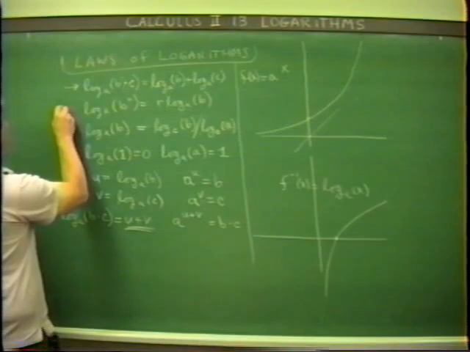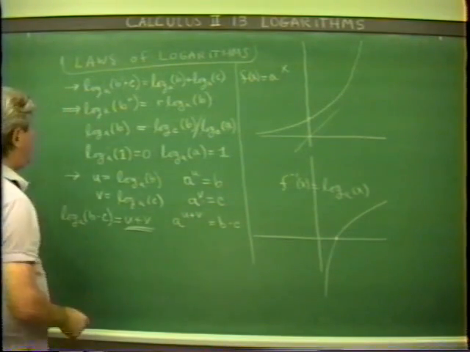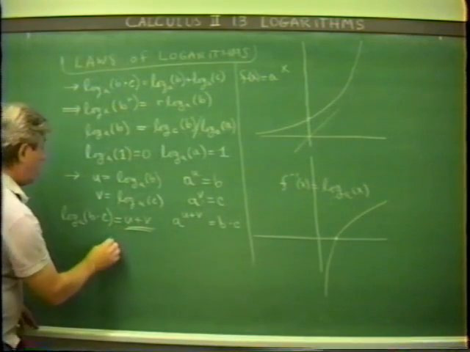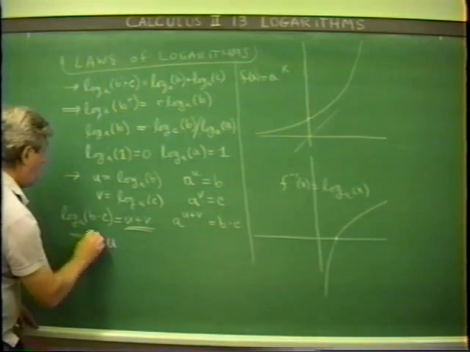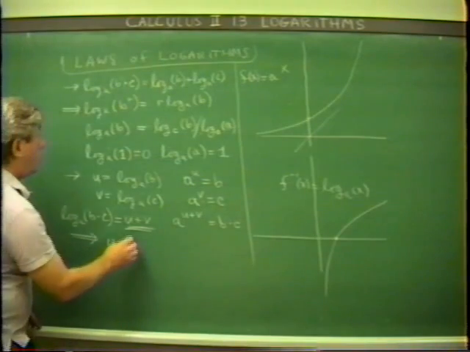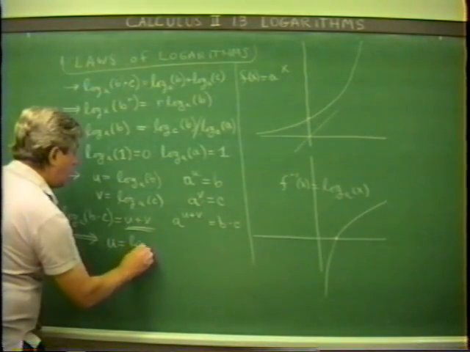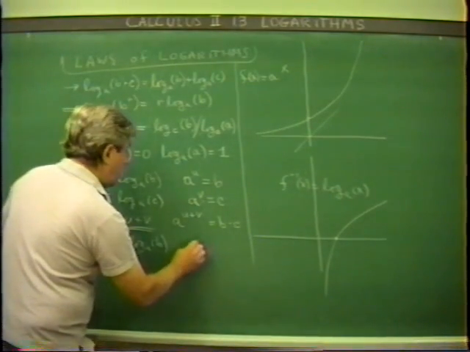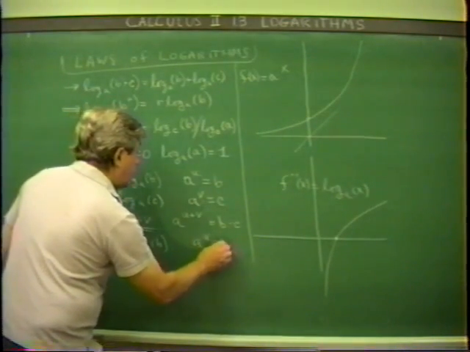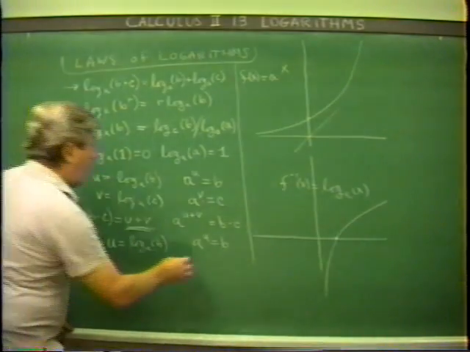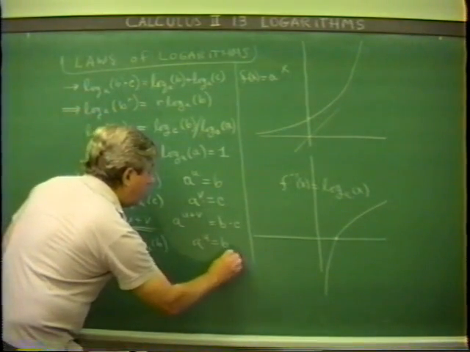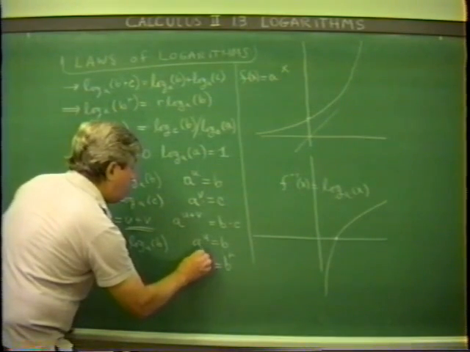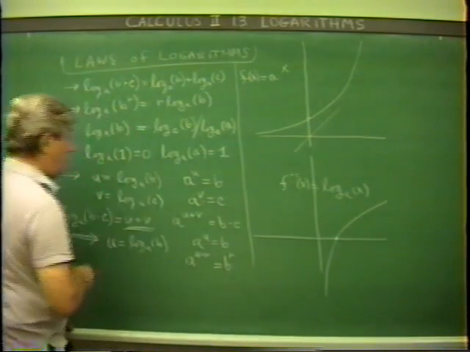Let's check this one right here. Let u be equal to log to the base a of b. That's to say, a to the u is equal to b. And consequently, b to the r power is a to the u to the r power, which is a to the u times r.